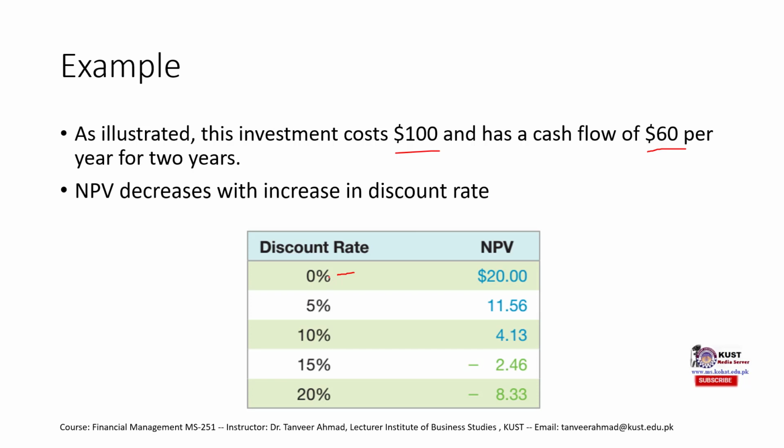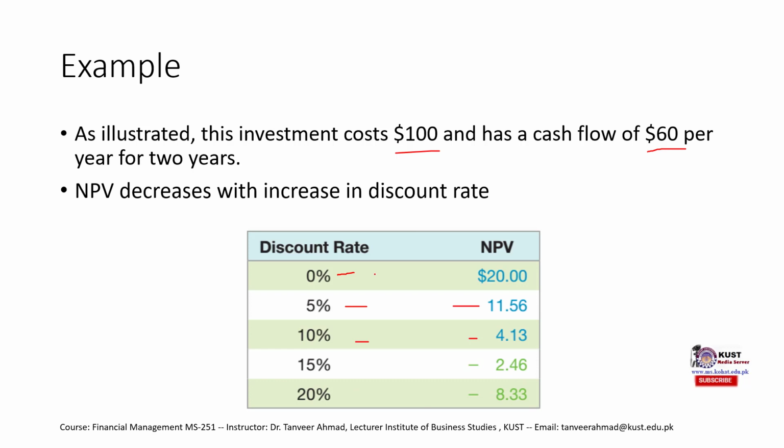At the discount rate of 0, the NPV would be 20, right? At the discount rate of 5%, the NPV would be 11.5. At 10, the NPV would be 4. At 15, the NPV would be negative 2.5, and so on and so forth.